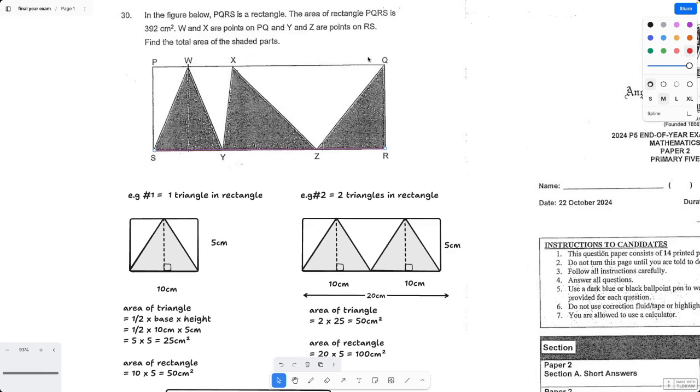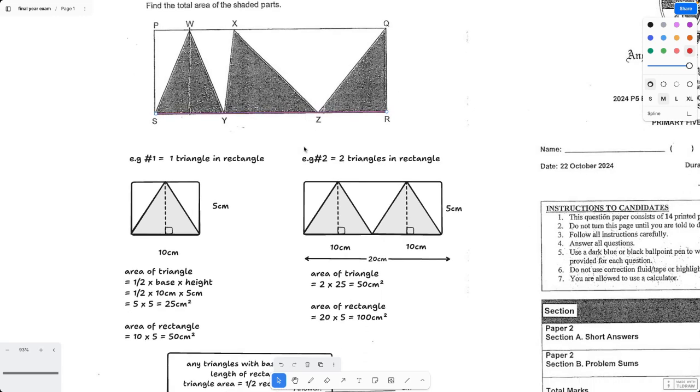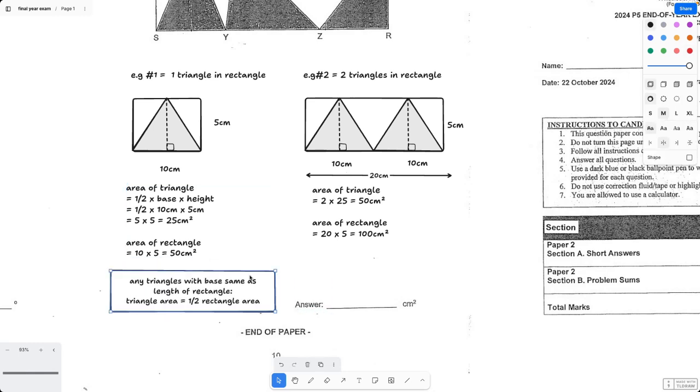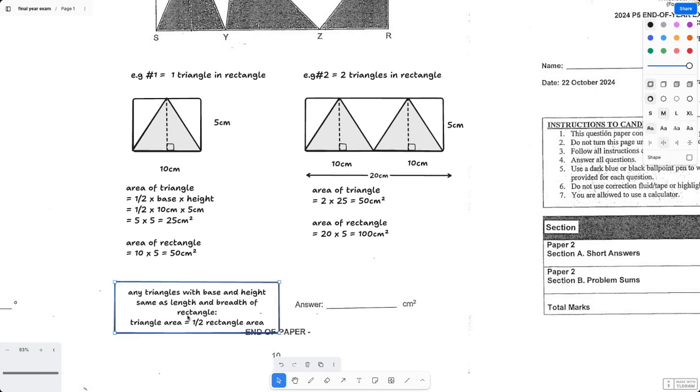So any triangles with base and height same as the length and breadth of a rectangle, it's always this. Doesn't matter.